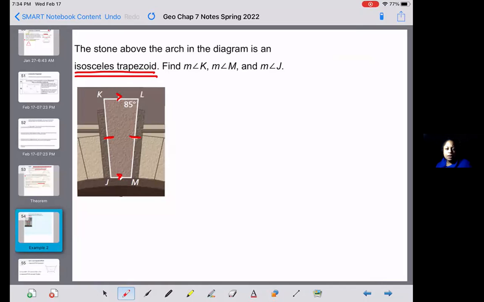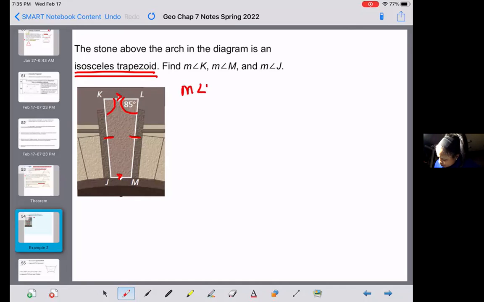So you're looking for measure of angle K, measure of angle M, measure of angle J. The only one we're given is L, and that is the top base angle. It is congruent to the other top base angle, which is this one. So angle K has got to also be 85.